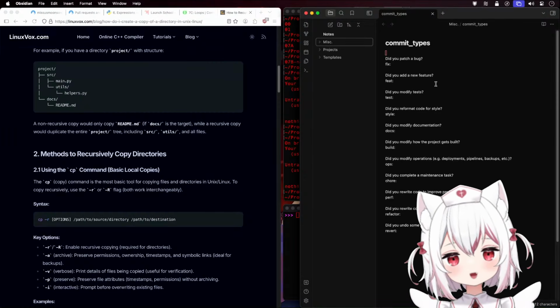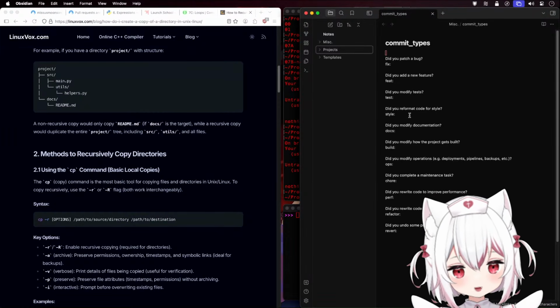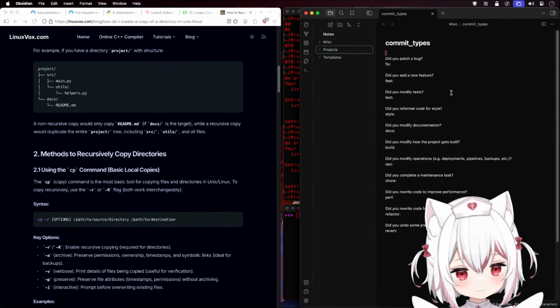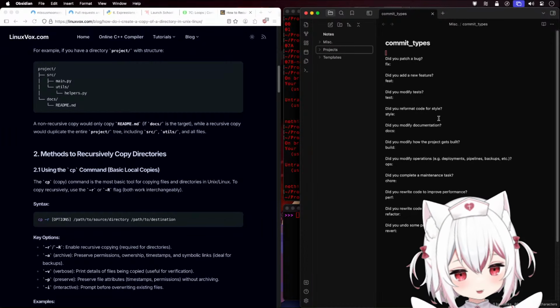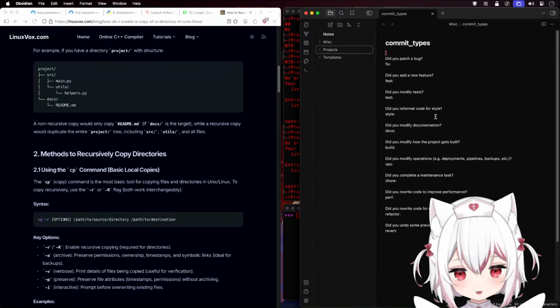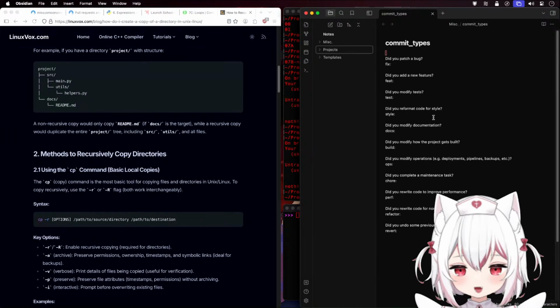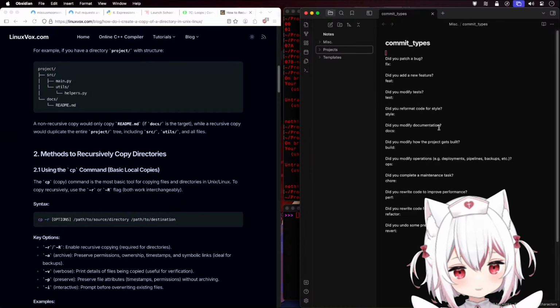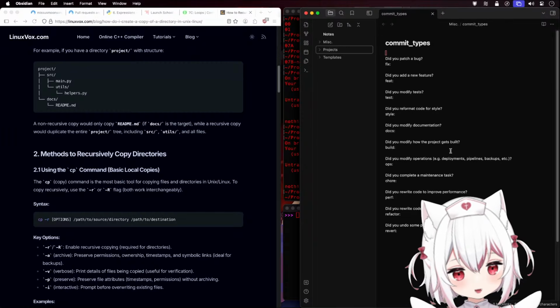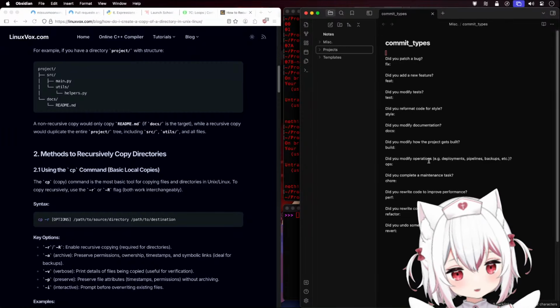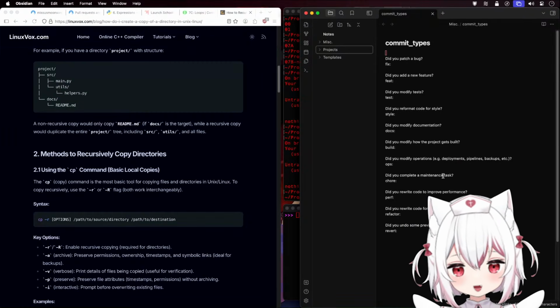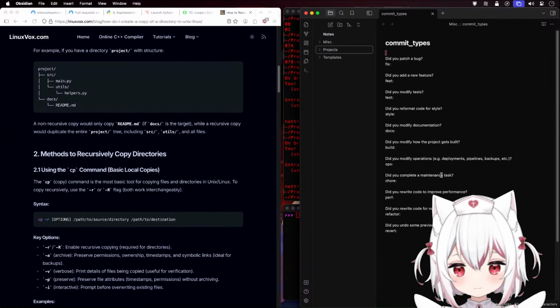I don't know if I would call some extra files a feature. Did you modify tests? No. Did you reformat code for style? This time? No. Before? Yes. Did you modify documentation? No. Did you modify how the project gets built? No. Did you modify operations? No. I feel like this is maintenance. Right? Isn't this maintenance?